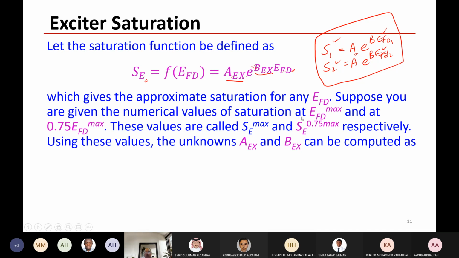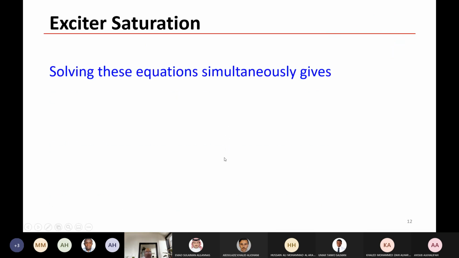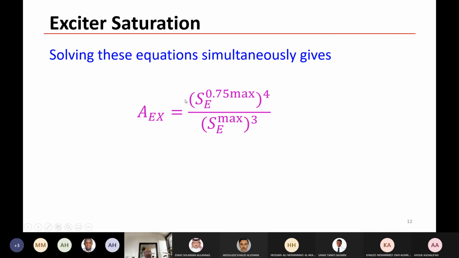So you have two measurements, one at full load and one at 0.75 of full load. This is the first measurement, and this is the second measurement at 0.75 EFD. So you can calculate this, and with these two equations, you can get A and B.